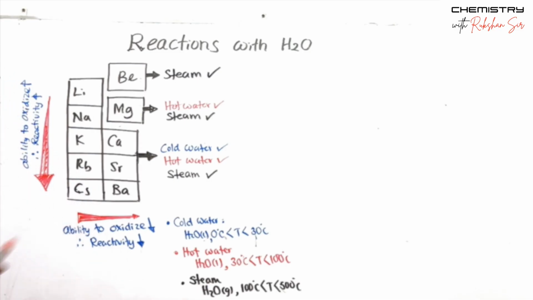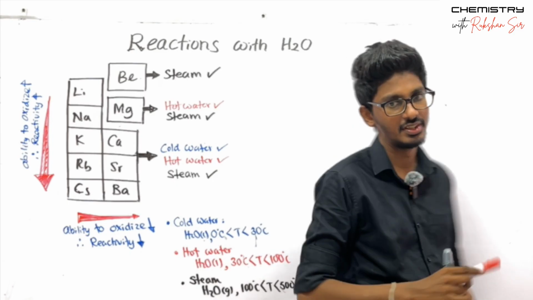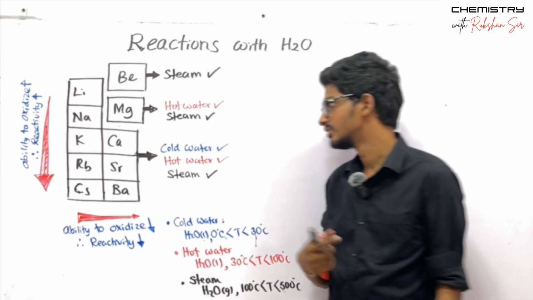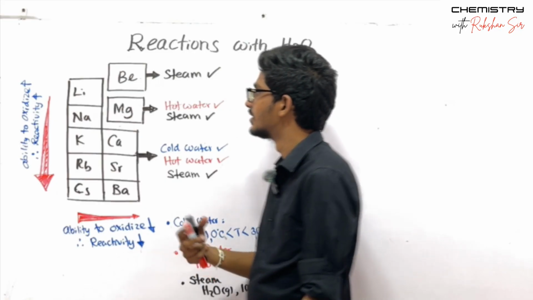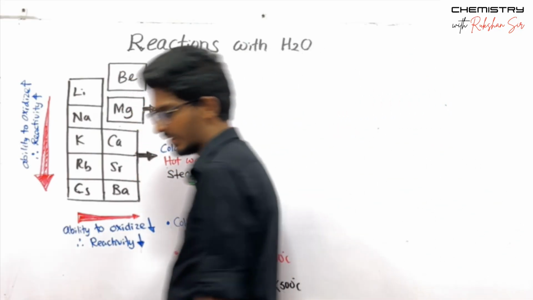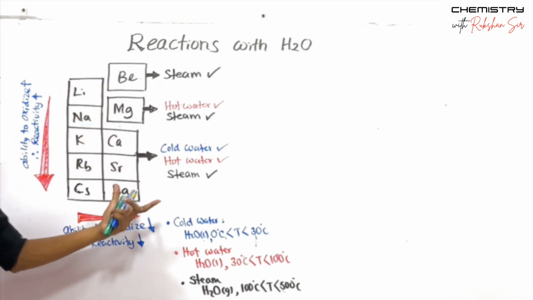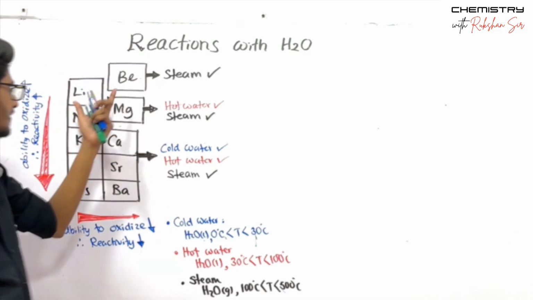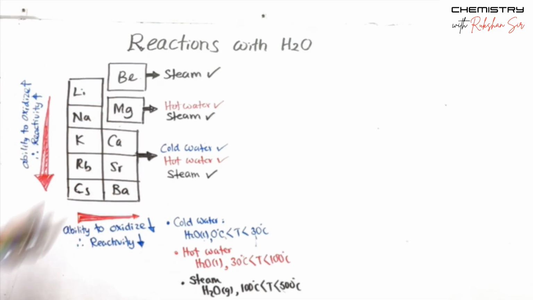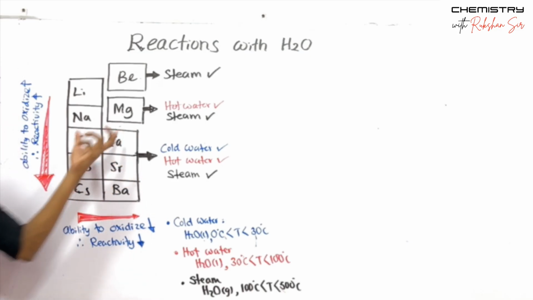Beryllium won't react with water, meaning the H2O liquid state. That energy is not enough to react with beryllium. Okay, so that is the summary of reactivity of S block elements with water. Quickly complete this.